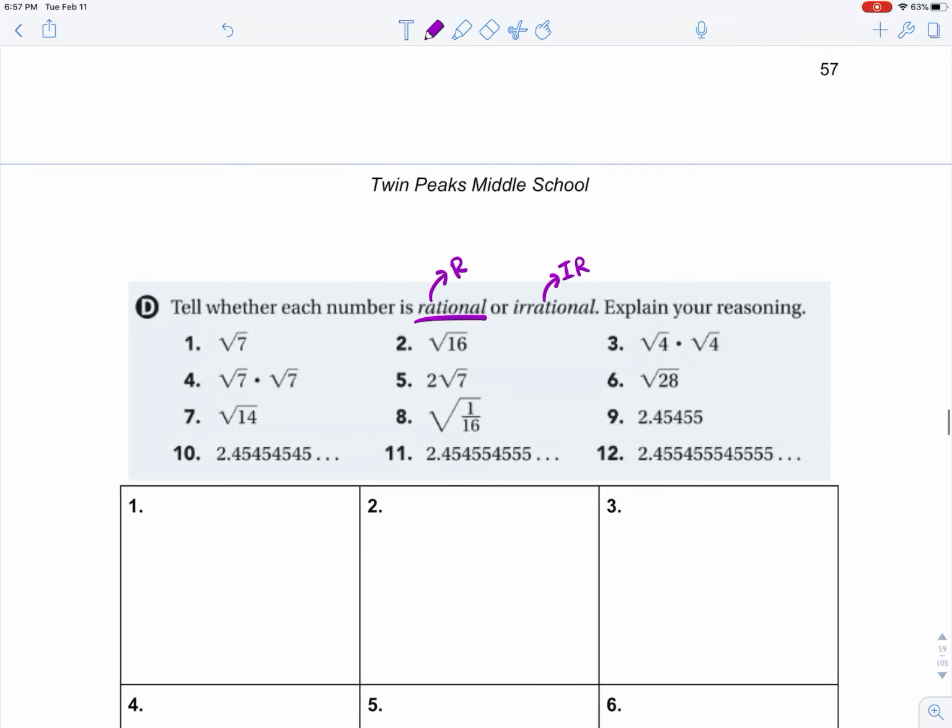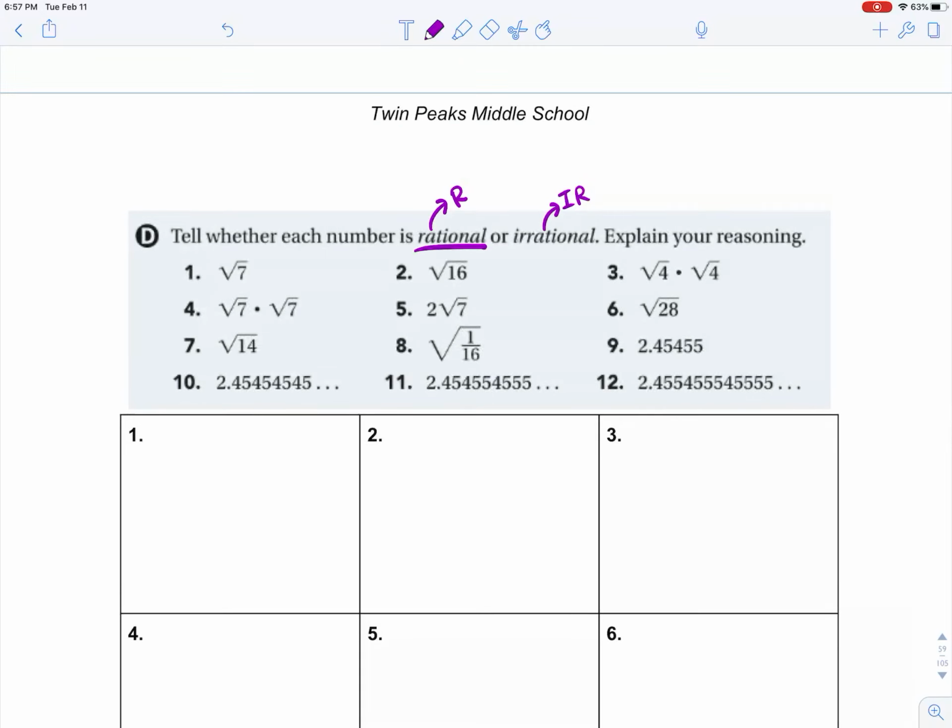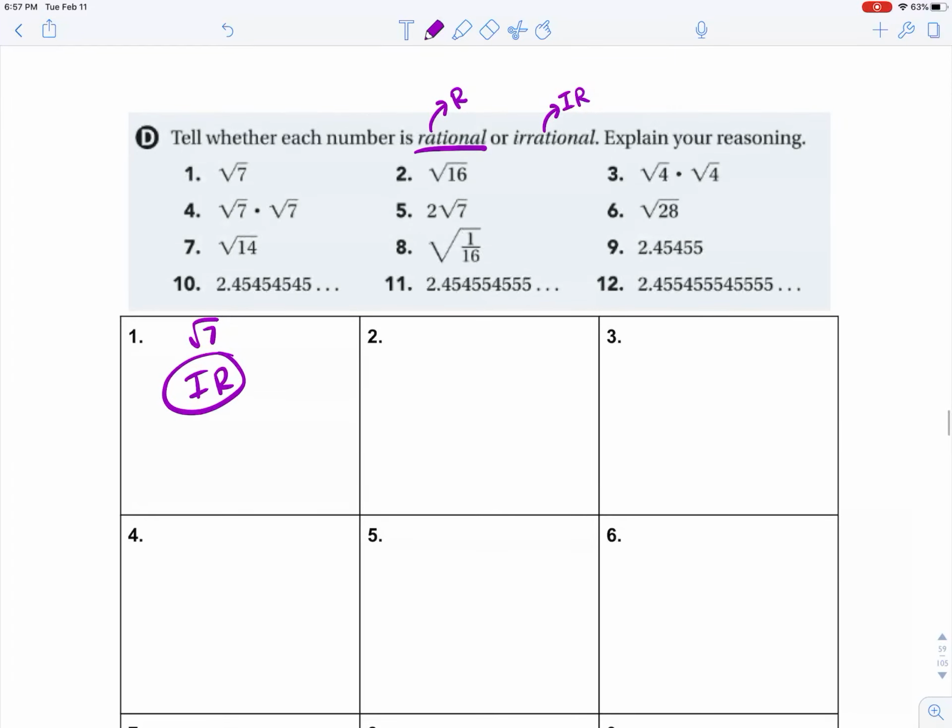Okay, so let's take the square root of 7. Well, the square root of 7 falls in between the square root of 9 and the square root of 4, right? It's definitely not a perfect square, so we're definitely not going to get a nice whole number as our answer. So automatically, my brain is saying, hey, this is an irrational number. And what makes a number irrational?